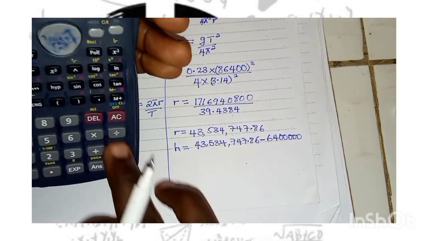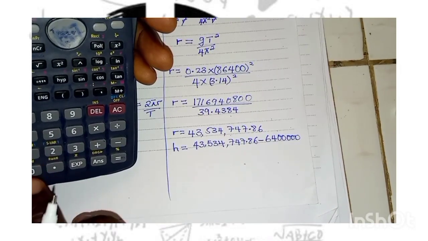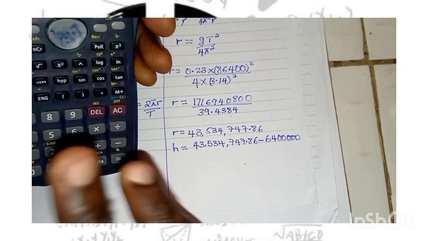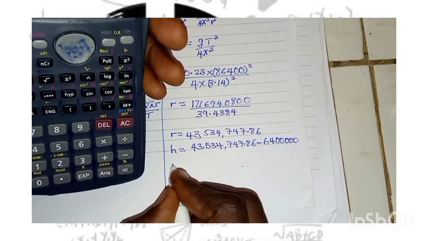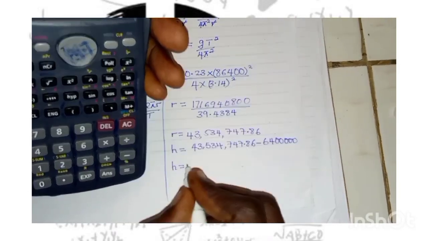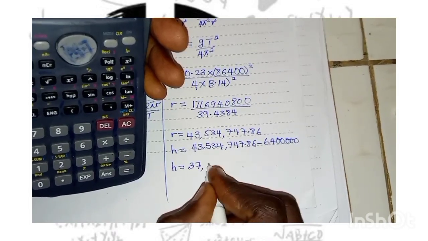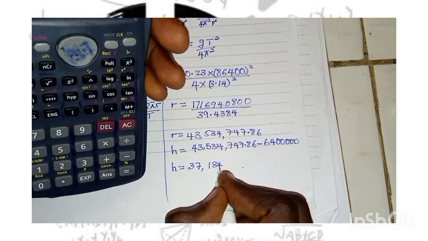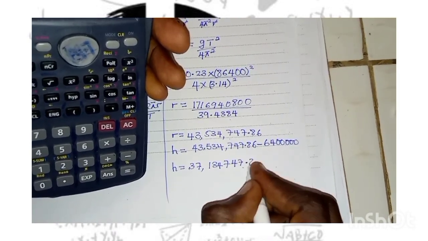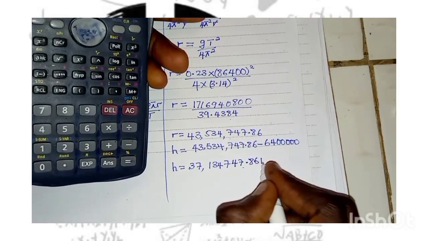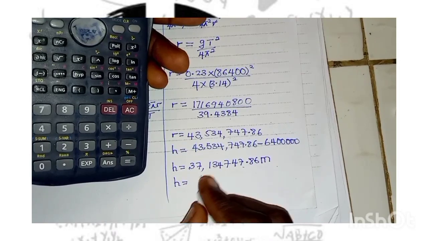So if you do that, the height above the surface will be equal to 37,134,747.86 meters.